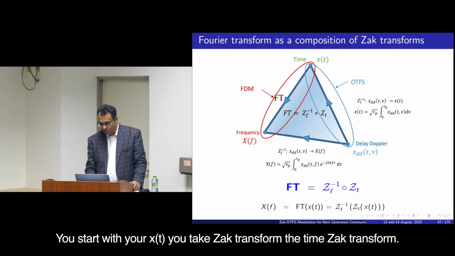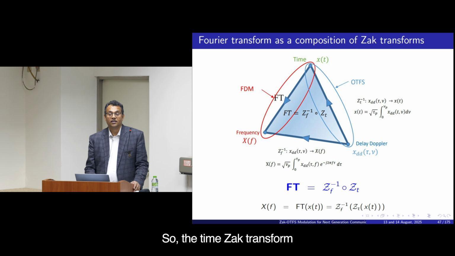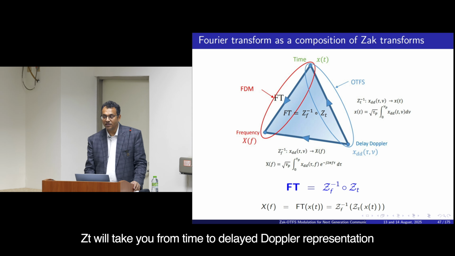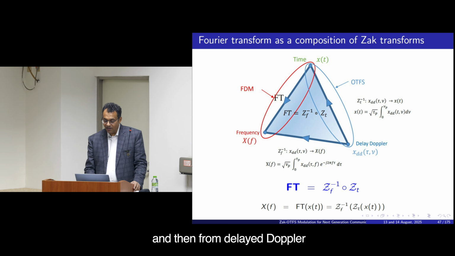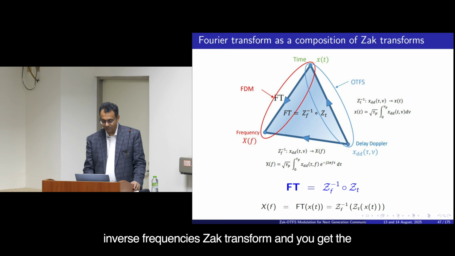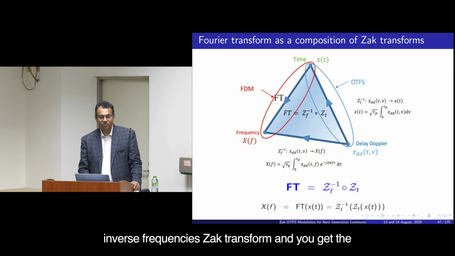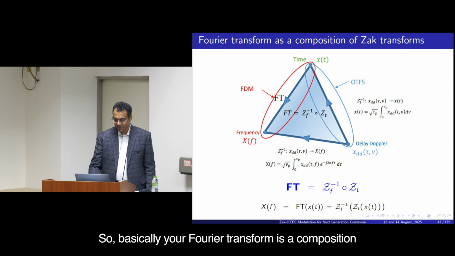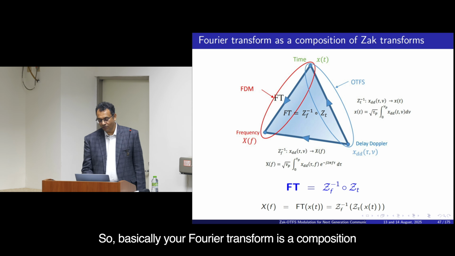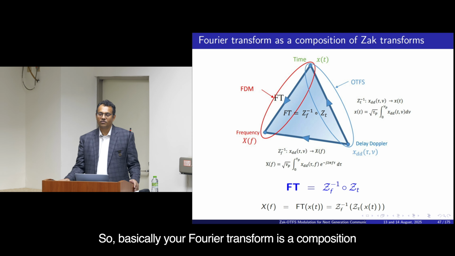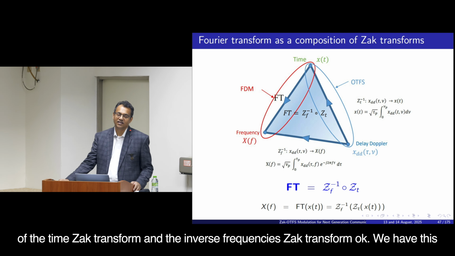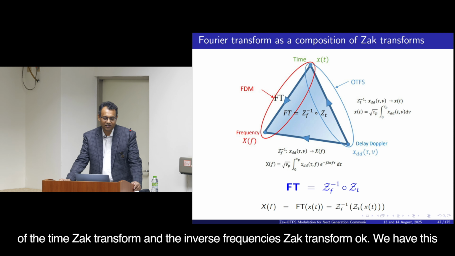So, you start with your x(t), you take the time Zak transform. The time Zak transform Z_t will take you from time to delay Doppler representation, and then from delay Doppler you can go to the frequency domain representation by using the inverse frequency Zak transform, right. So, basically your Fourier transform is a composition of the time Zak transform and the inverse frequency Zak transform.